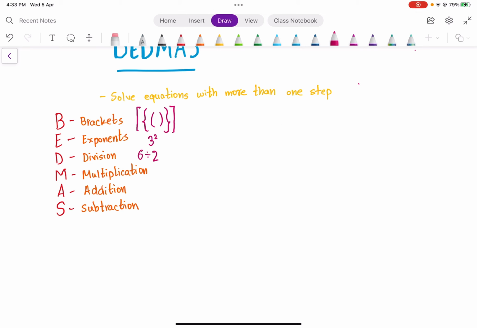Okay, the next one, multiplication. You may have also heard of multiplication a lot. It is when you multiply a number by another number. So let's say 4 times 2. Let's go back to our previous question, which is 4 candies.